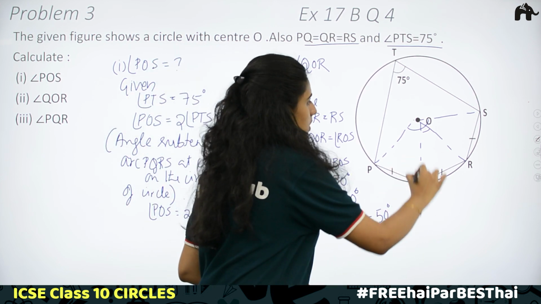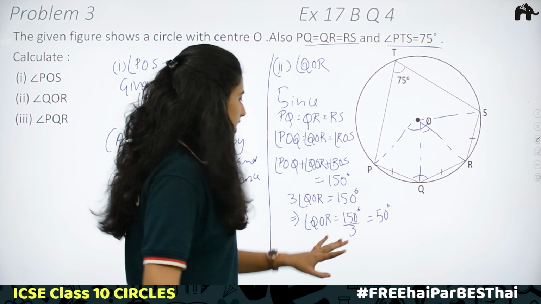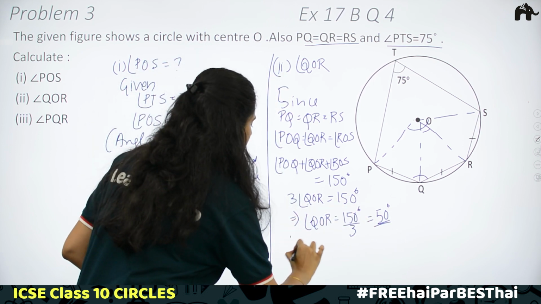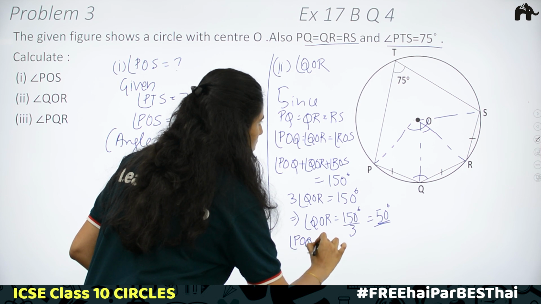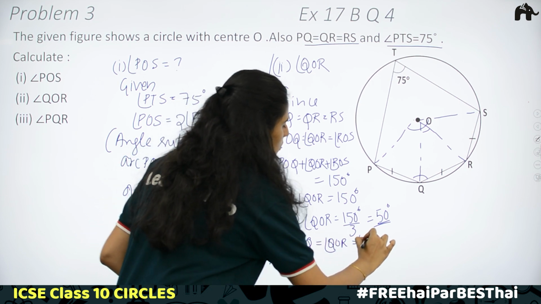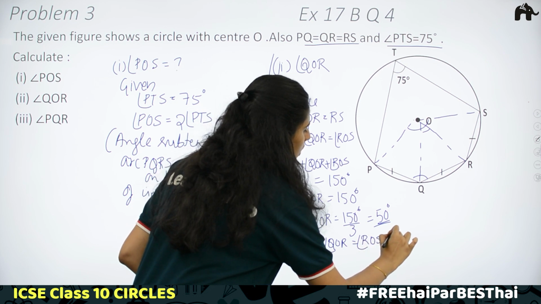Okay, we are getting QOR is equal to 50 degrees. This is the second part. If QOR is equal to 50 degrees, then we will be having POQ is equal to QOR is equal to ROS equal to 50 degrees.